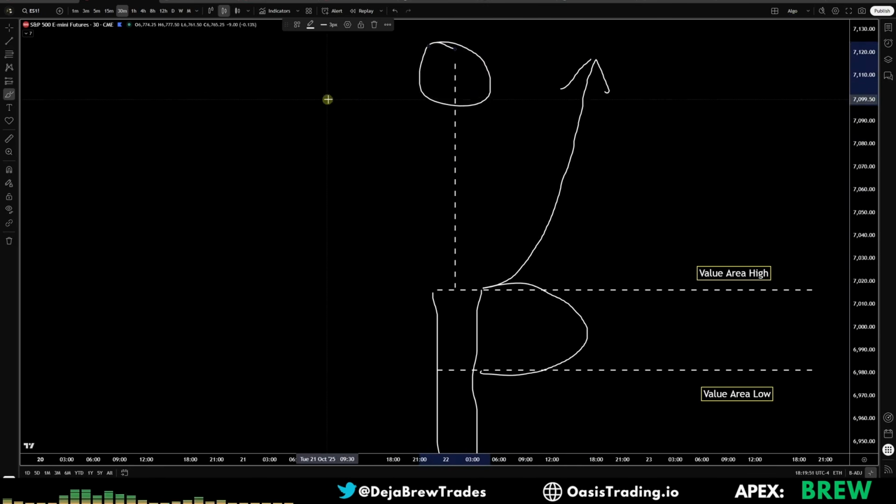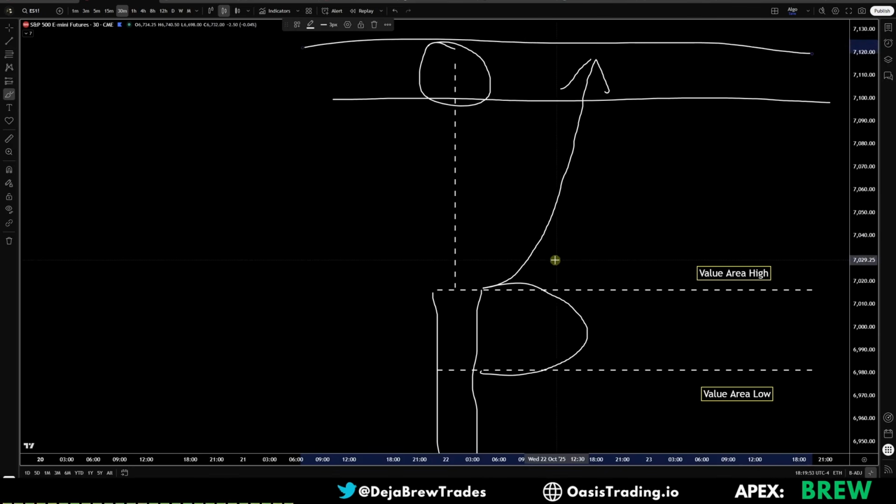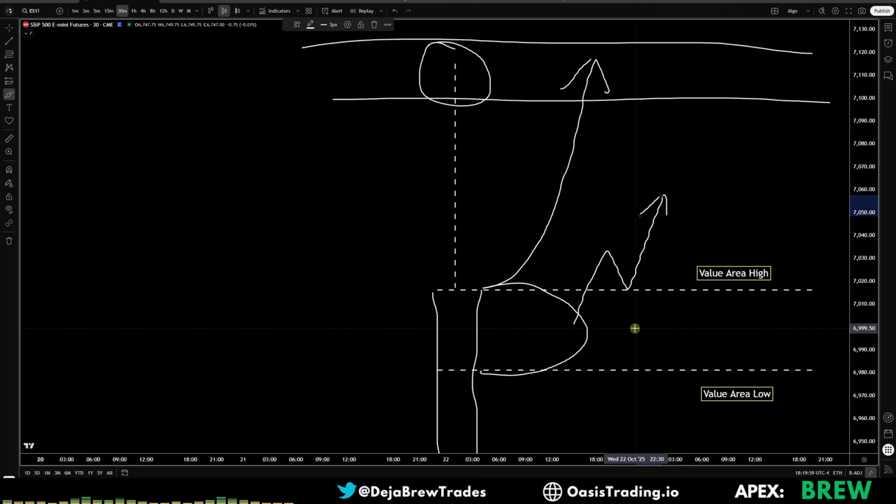So we could draw out a zone and say, hey, if I want to be a breakout buyer, if we start to hold that value area high as support, which would be a failure to rotate. Remember, what is a rotation? A rotation is a movement from a value area high to a value area low or vice versa. So what is a failure to rotate?